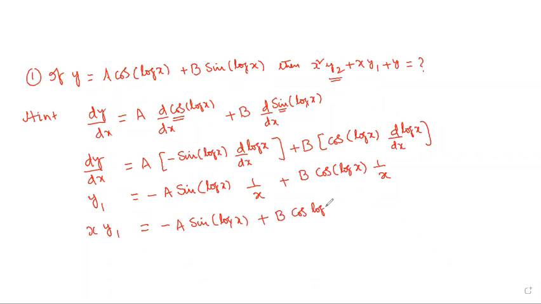Okay? How many times is the derivative needed here? Two times the derivative is needed. Again, for the second time, here is the u into v formula. Again, differentiate with respect to x, a single x, that is the main point.